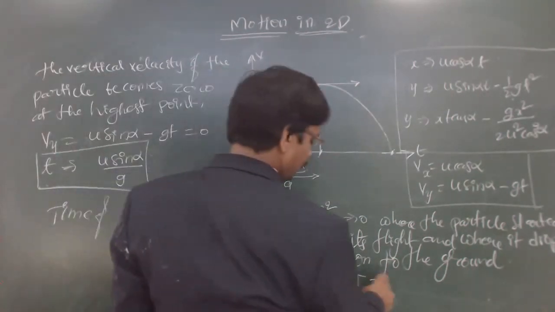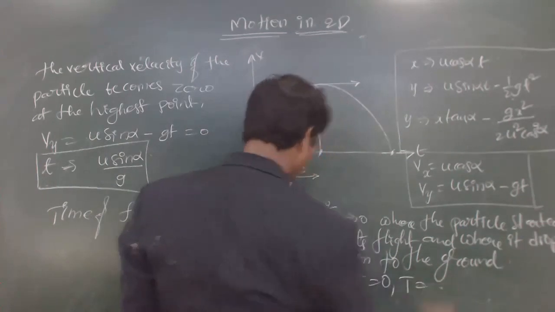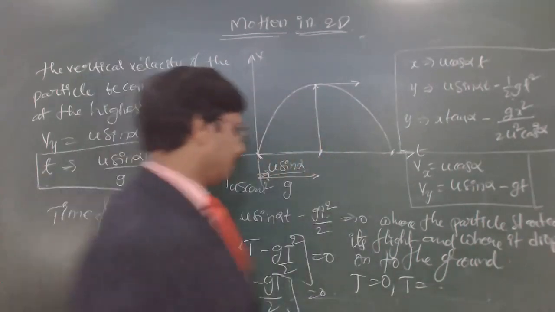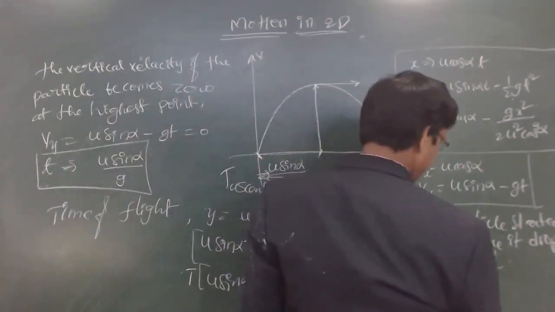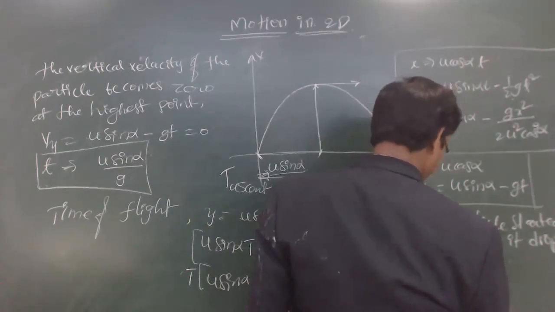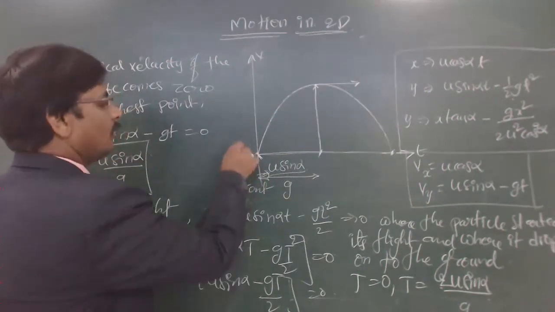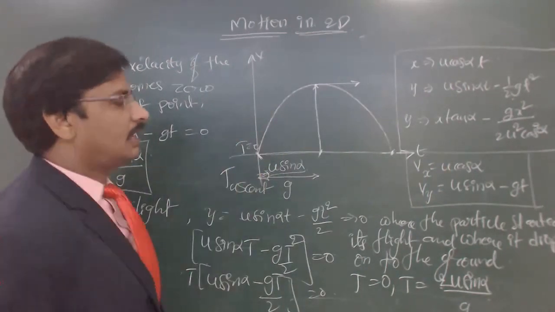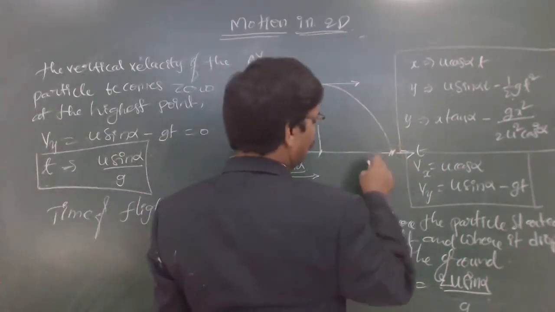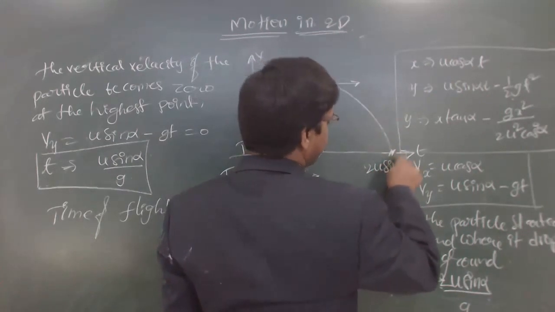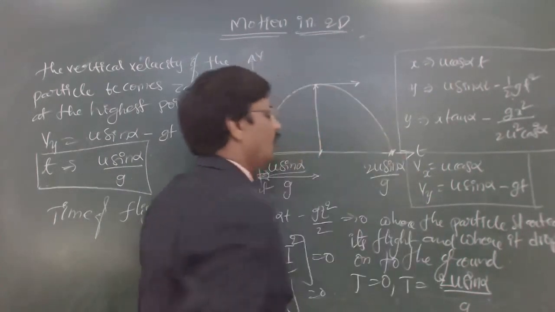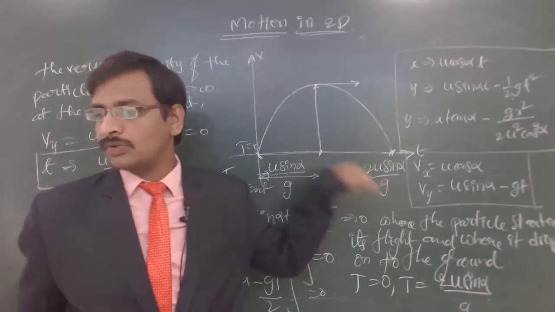One is t equal to 0, another is t equal to 2u sine alpha by g. So t equal to 0 is the place where the flight started, and t equal to 2u sine alpha by g is the place where the particle got dropped onto the ground.